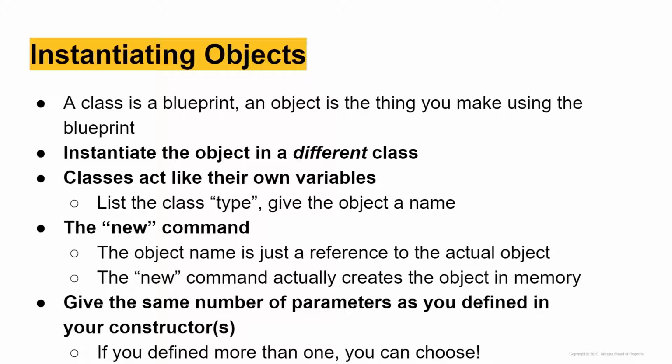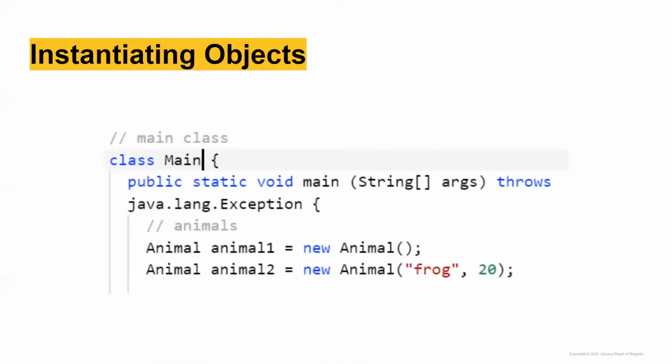So in our example, here we go. We're in our main class right now, in our public static void main, the main method. And I have instantiated two objects of the animal class.